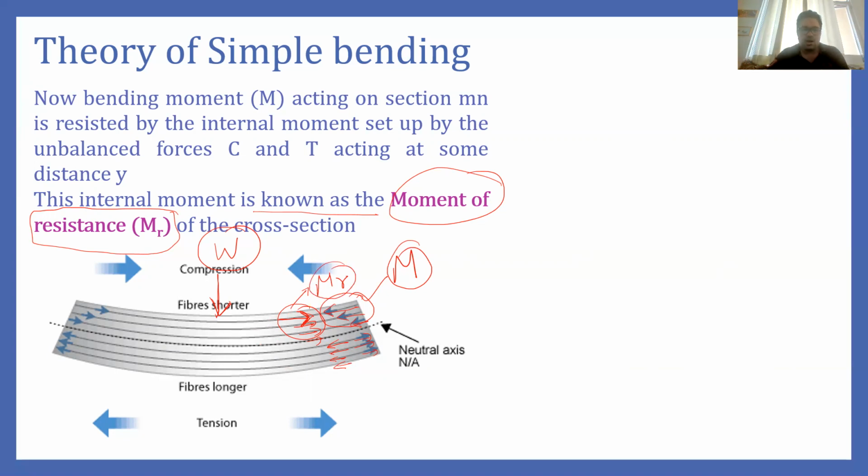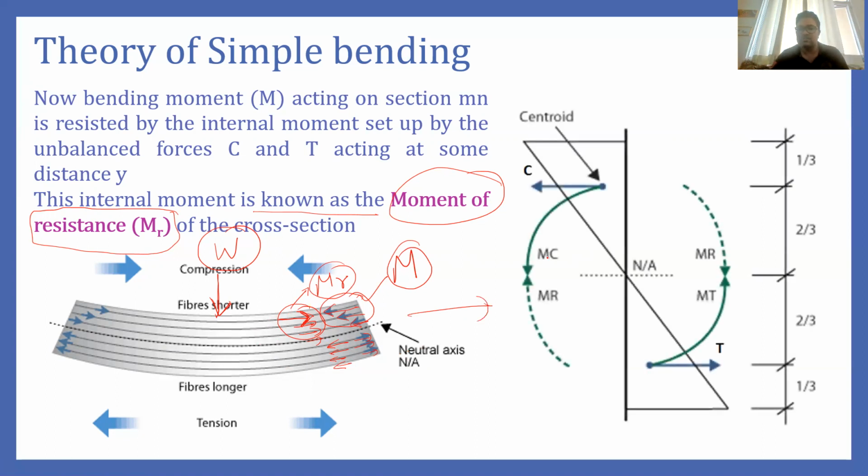How this moment of resistance and bending occur, this diagram will further elaborate. Here, if this is the neutral axis, this is the C force because of the external force. Similarly, in the tension, this is the external tension caused by the external force.